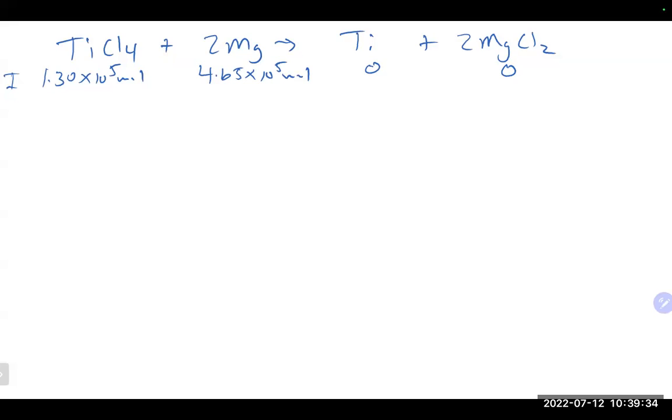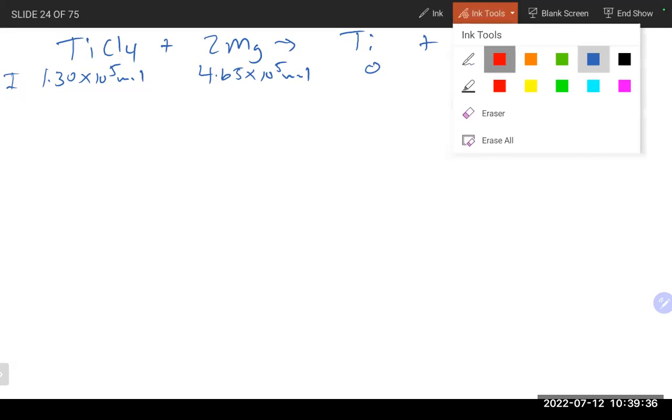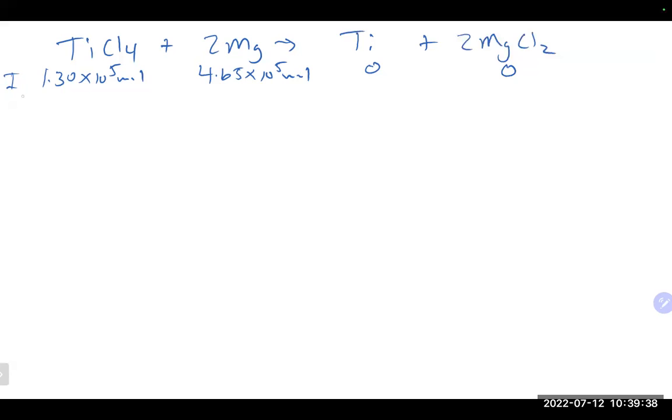Assuming that this reaction goes from left to right, we're going to do our change, which is important because it also is our stoichiometry part. So this would be minus x. This would be minus 2x, once again, for the 2 that is there. This would be positive on the other side, x, and this would be positive 2x there, once again, for the coefficient that we see there.